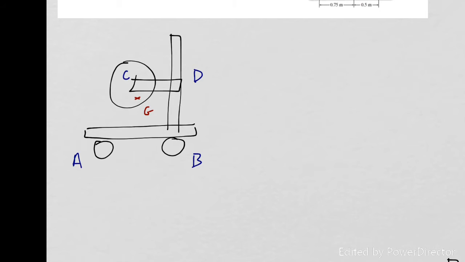So I have a gravity point, but that is for my spool. And I have another gravity point, that M is my lift truck. So I put the lift truck's mass times g.